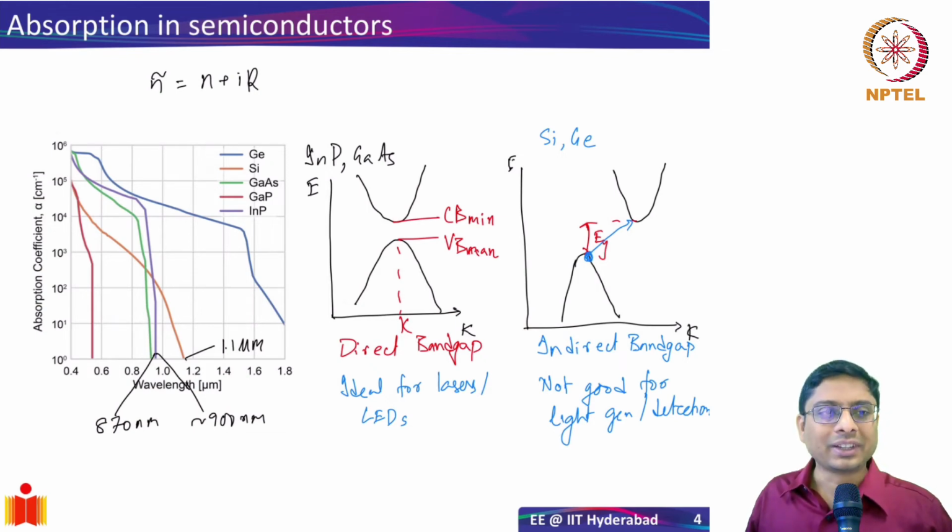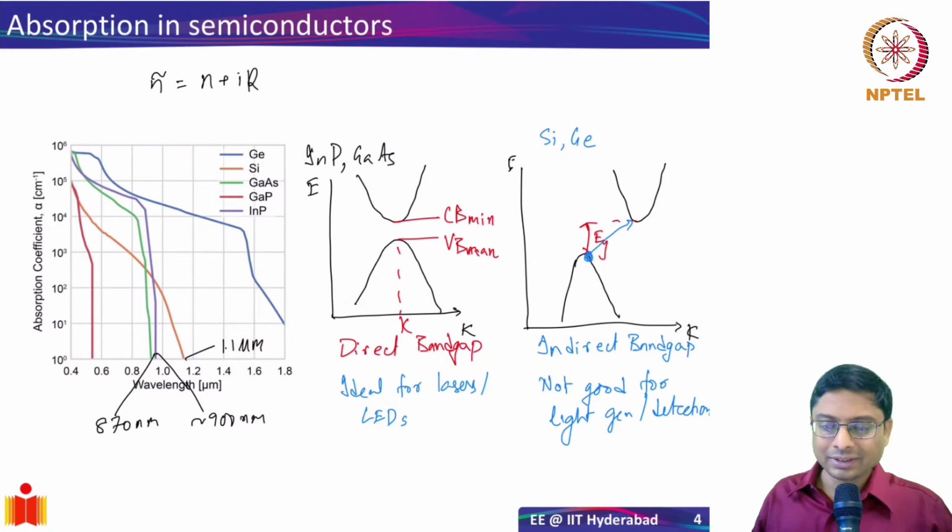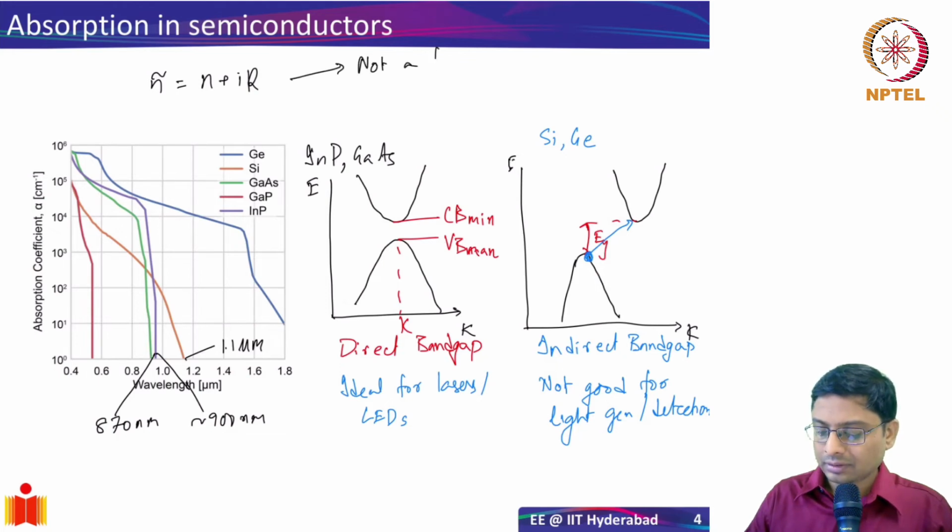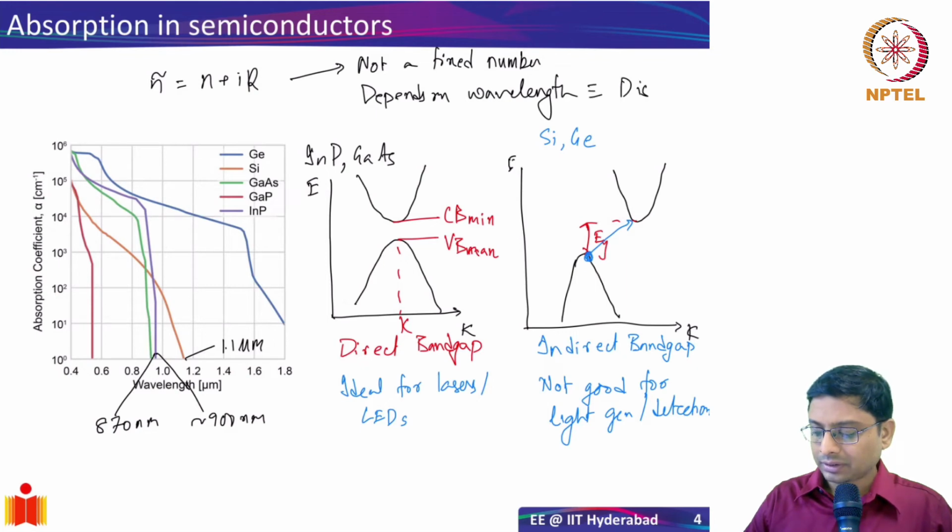But the moment anybody asks what the refractive index is, you should ask at what wavelength, because materials exhibit dispersion. It depends on wavelength, and this we usually call dispersion.